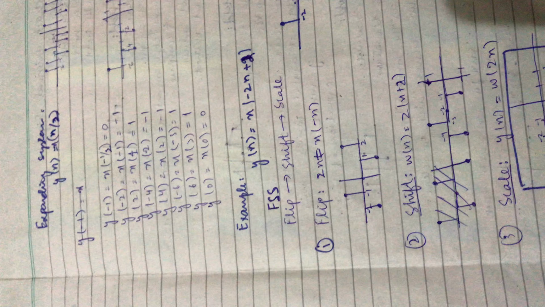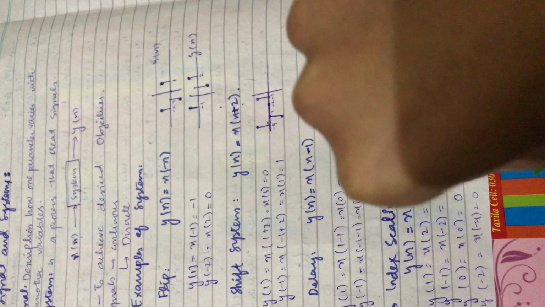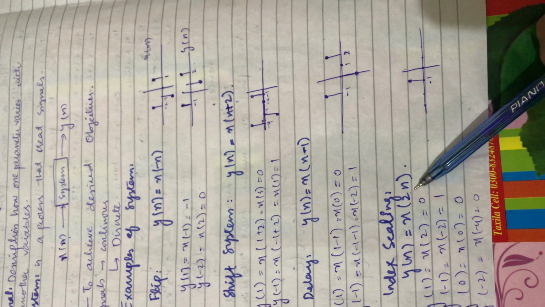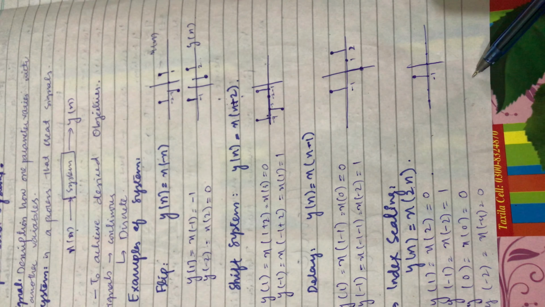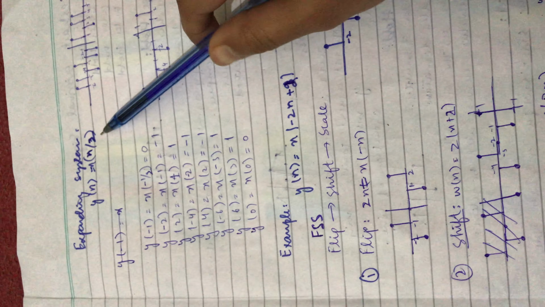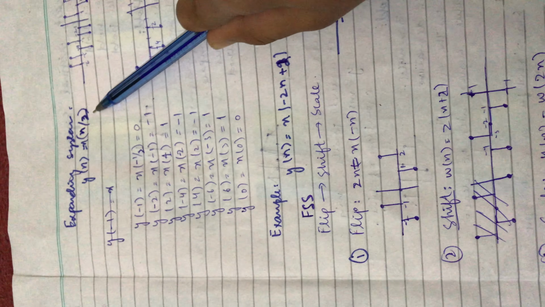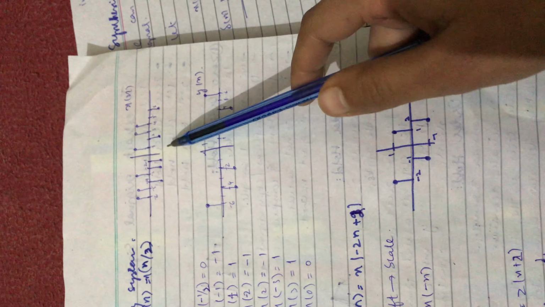You have noticed that if we apply index scaling, this squeezing, it squeezes this signal into this signal, and when we apply the opposite operation on it, it doesn't give us the original signal. It gives us this signal.